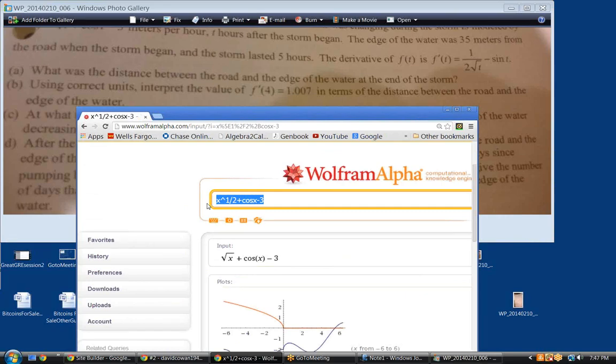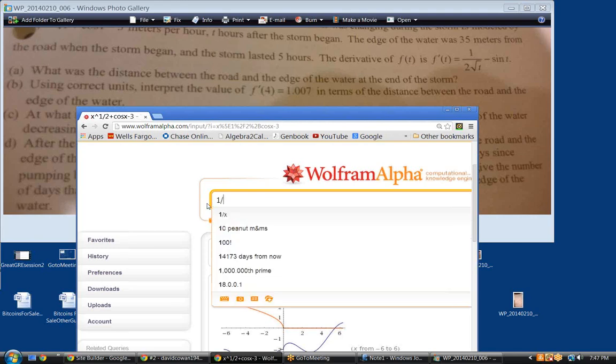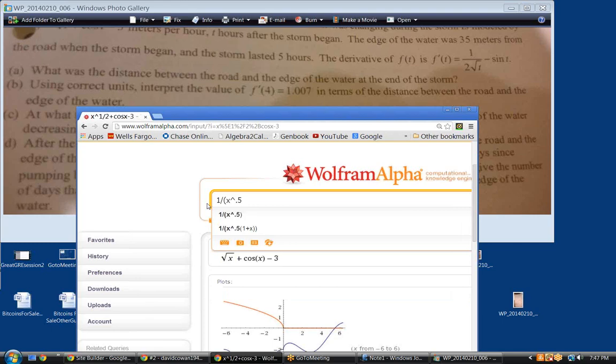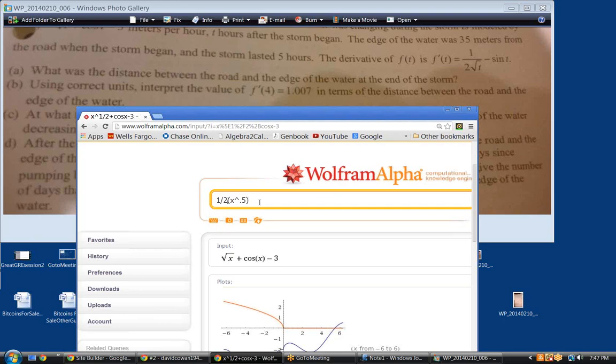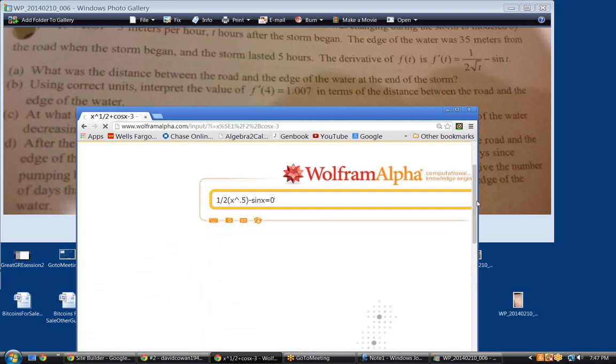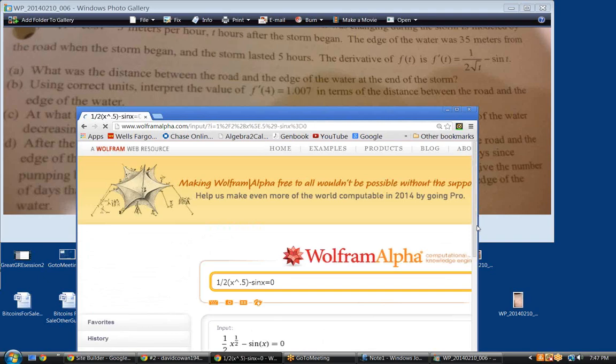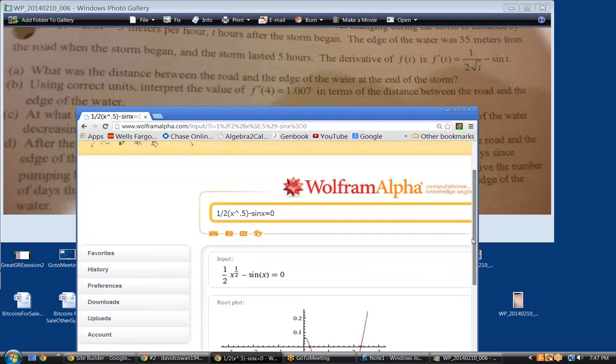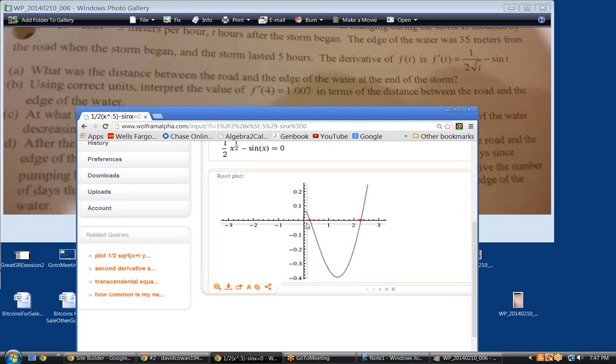One divided by x raised to the 0.5. Whoops, and there's a 2. Minus the sine of x equals 0. Happens in 2 places.